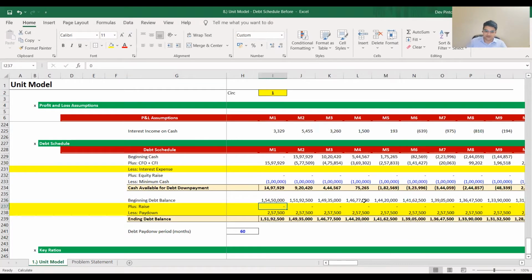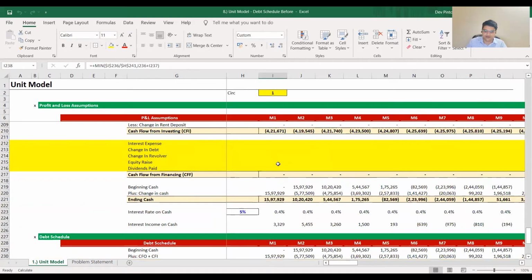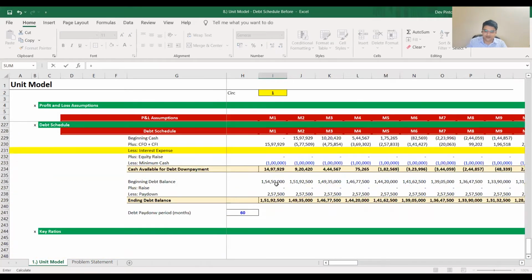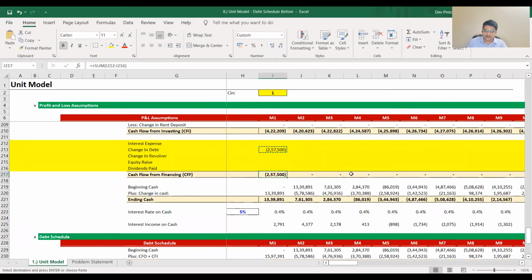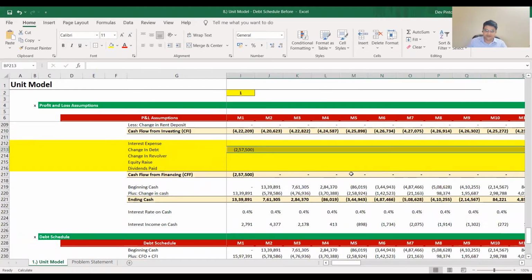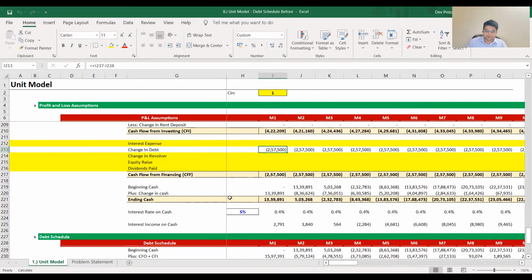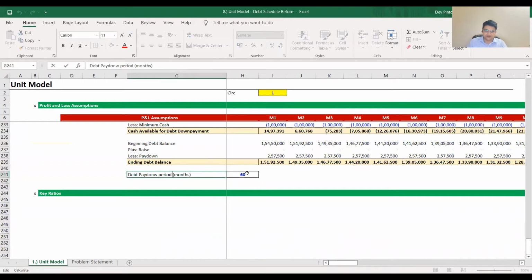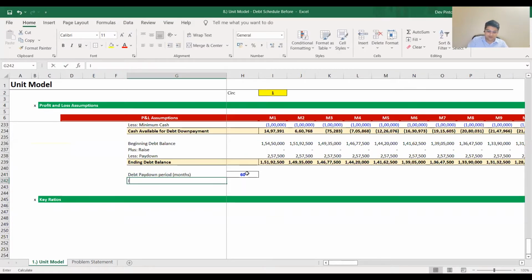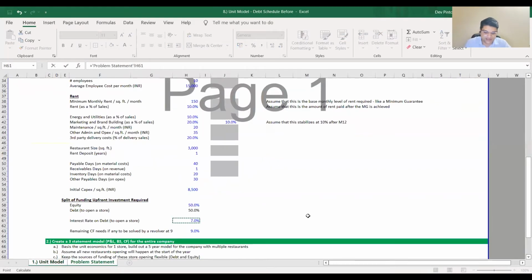We have this. Let's just link this to the cash flow. Change in debt will be nothing but A minus B, right? We have this line item. Interest rate annually. What was the rate that was given to us? 7%, right? Okay.